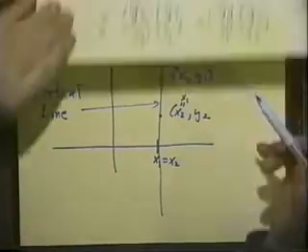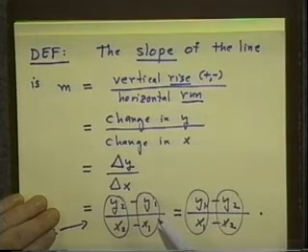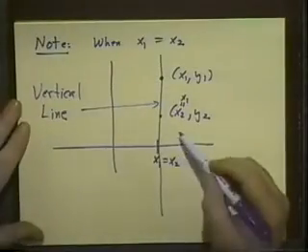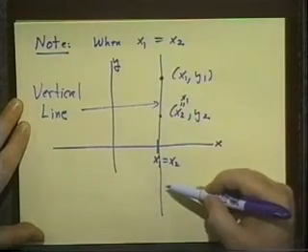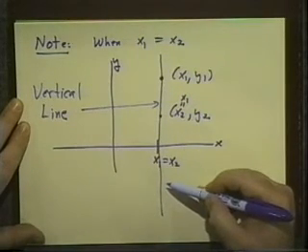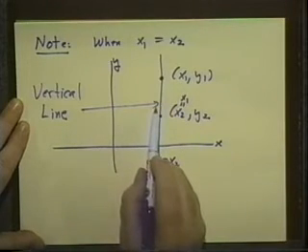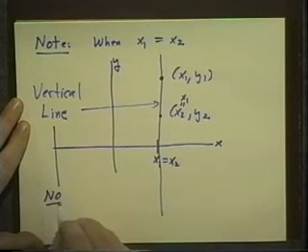Now coming back to the definition of slope, that means that slope is undefined if we have a vertical line. Why would that make sense? Well, ask yourself, if this is the x-axis and this is the y-axis, just how slanted is this line? In a sense, it's infinitely slanted. But we will say that it has no slope.